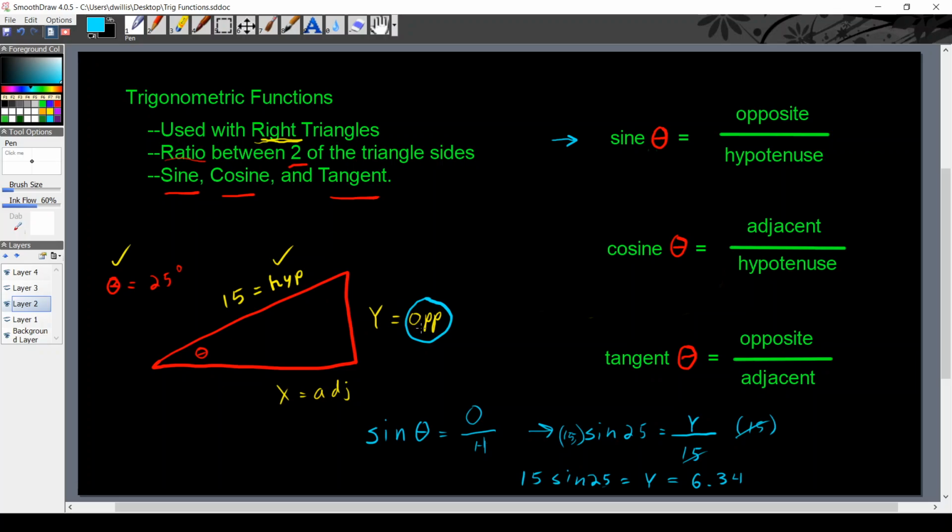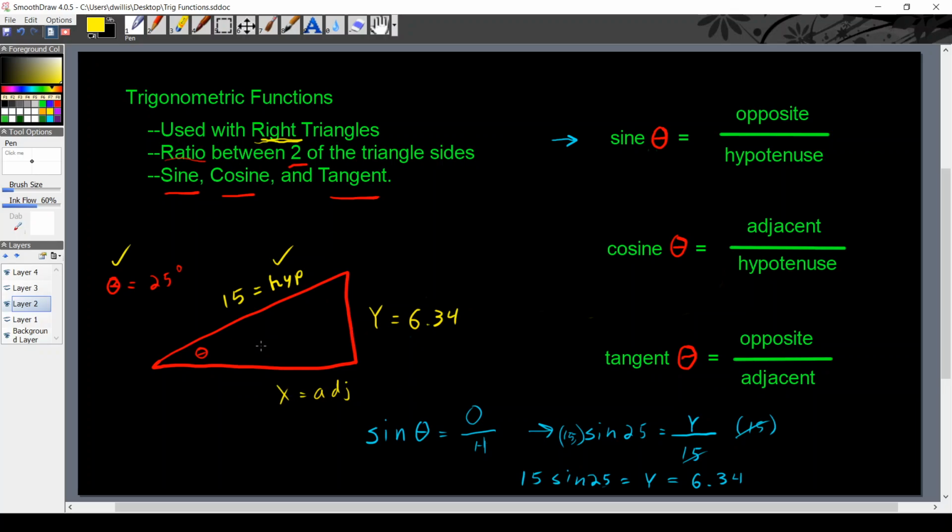So let's go ahead and write that down for information. Let's pick up a yellow. 6.34.